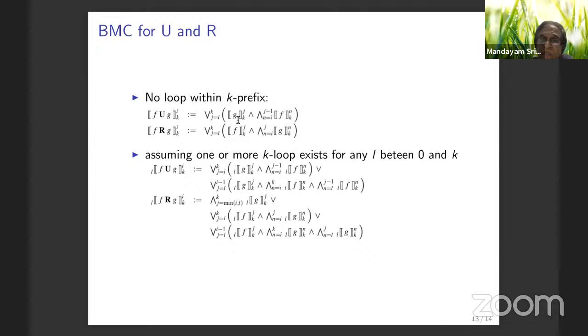G is true, and F has to be true all the way, yeah, for n from I to j minus 1, right?